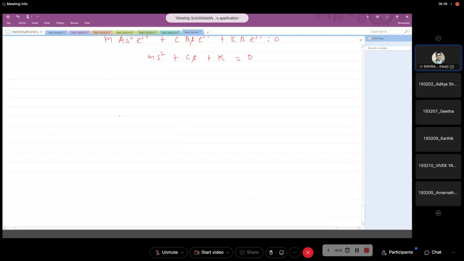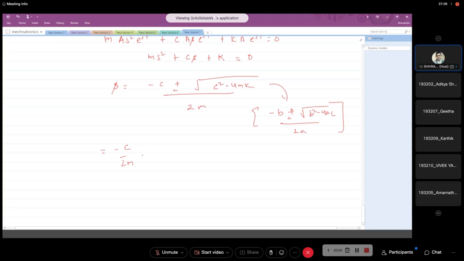Now the solution of this quadratic equation will be s is equal to minus c plus minus square root of c squared minus 4mk upon 2m. It comes from minus b plus minus square root of b squared minus 4ac upon 2a. So from there we get the roots of the equation. Now arrange this: minus c by 2m plus minus square root of c squared by 4m squared minus k upon m.